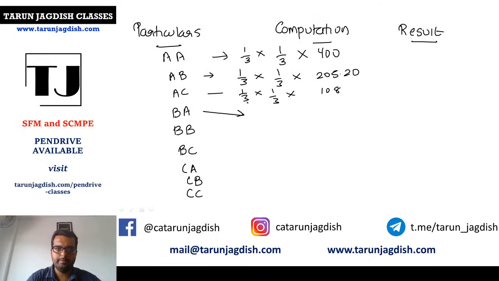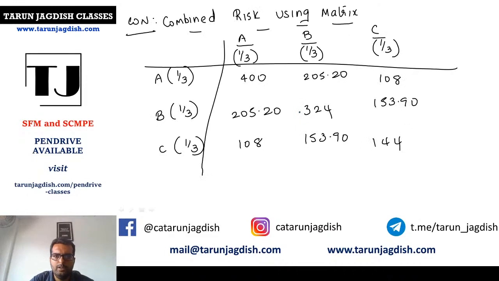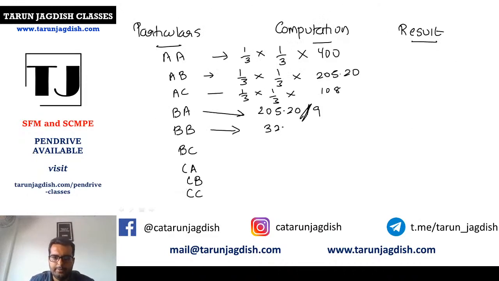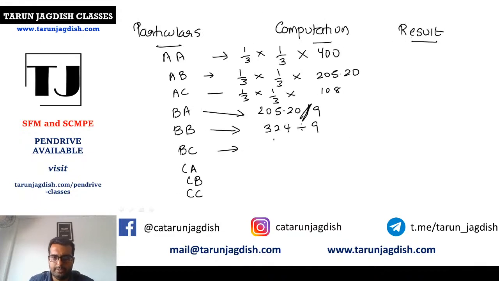So BA will be the same as AB. I'll just do 205.2 divided by 9. Okay. I hope you understood why I am dividing by 9. BB will be 324 divided by 9. Okay. BC will be 153.9 divided by 9.